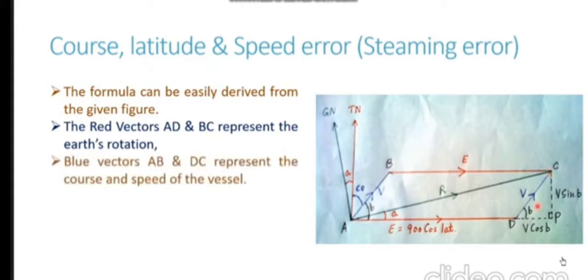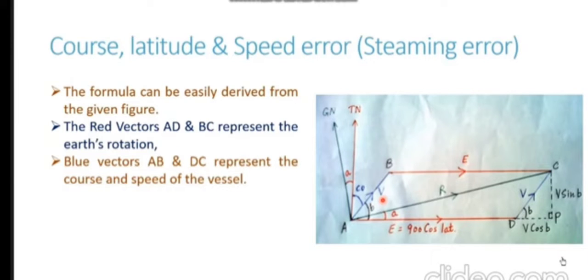Moving further, concentrate your attention on the blue color vector Alpha to Bravo, represented by the alphabet V. This represents the course and speed of the ship.